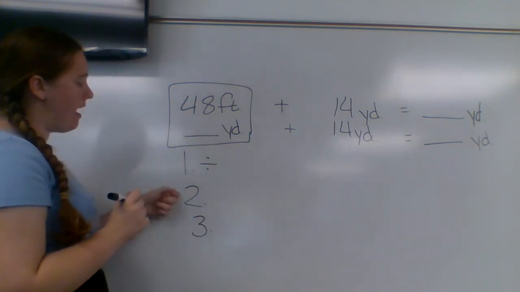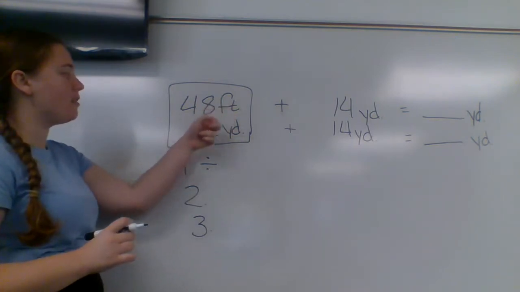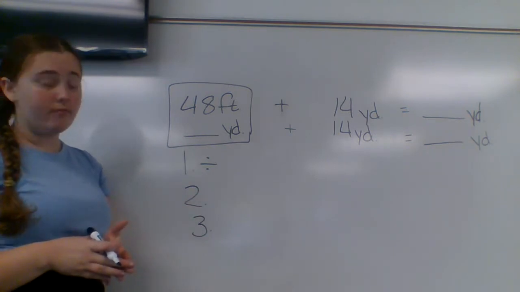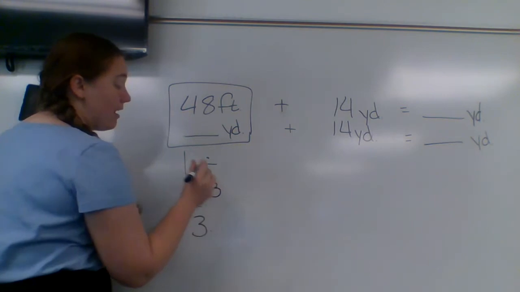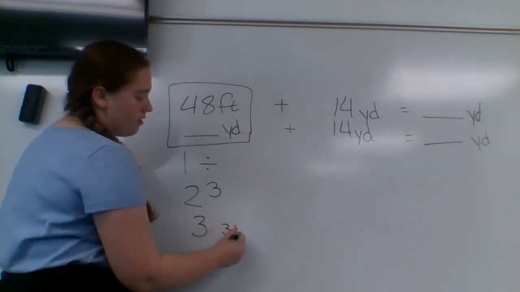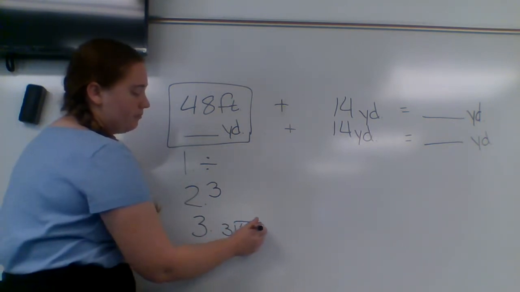And now I have step 2, my special number. My special number is how many feet are in a yard. How many feet are in a yard? Right, you should have said 3 feet. So 3 is going to be my special number. And now I have to do 48 divided by 3.